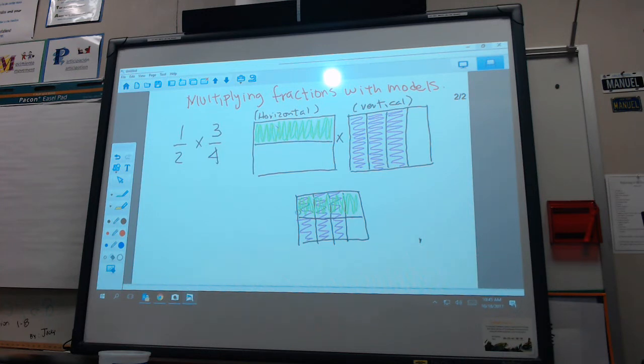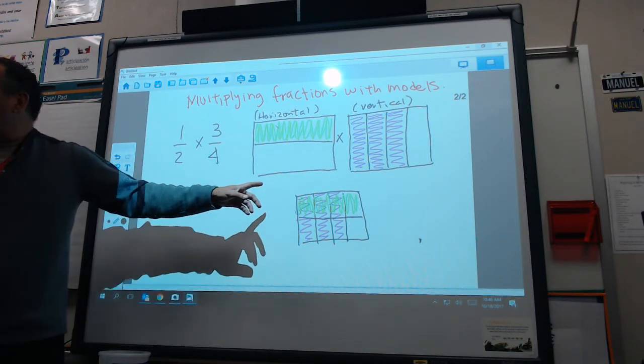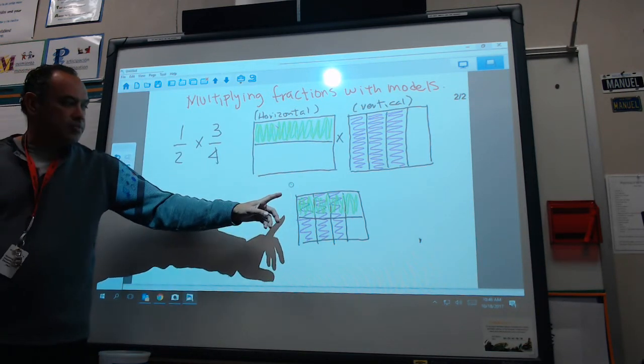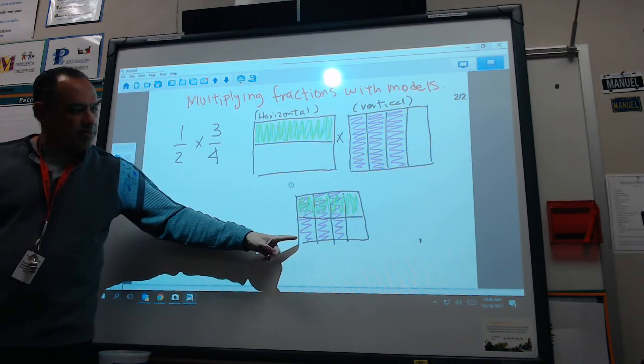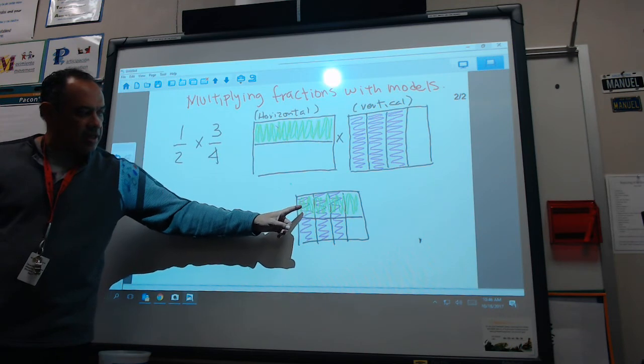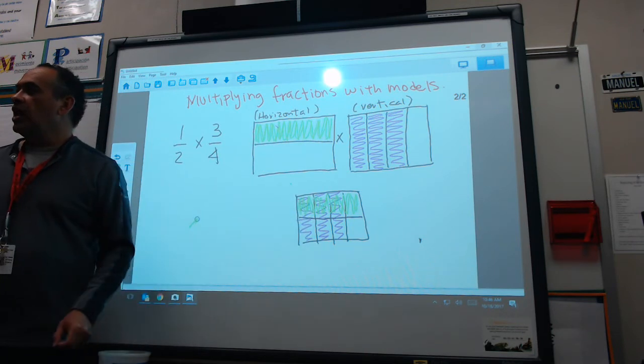Okay, so let's find out here. What is my answer? So I'm going to look at my superimposed models here, and I can see that I have the purple going down, and I have the green going sideways, right?